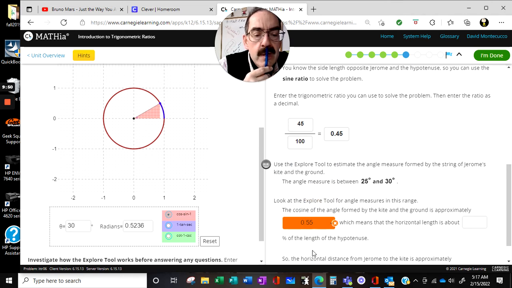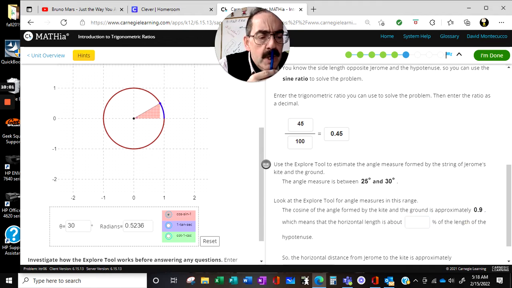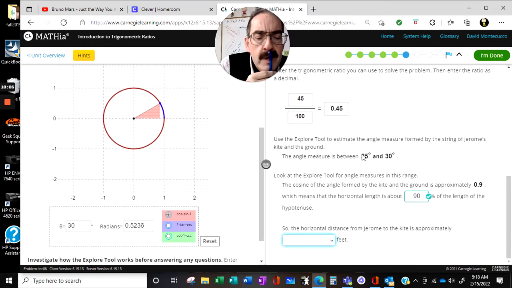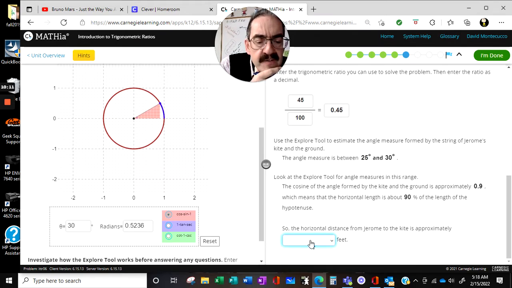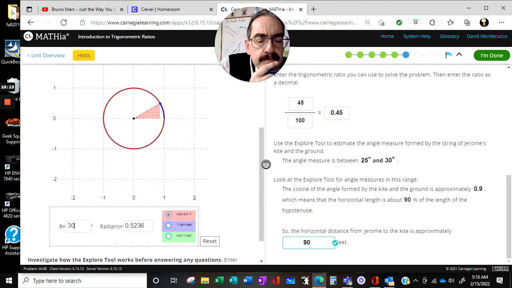Which means the horizontal length is about 90% of the hypotenuse. So the horizontal distance from Jerome to the kite is 90% of 100, so 90 feet.